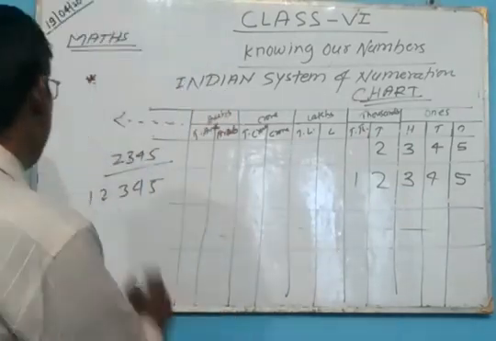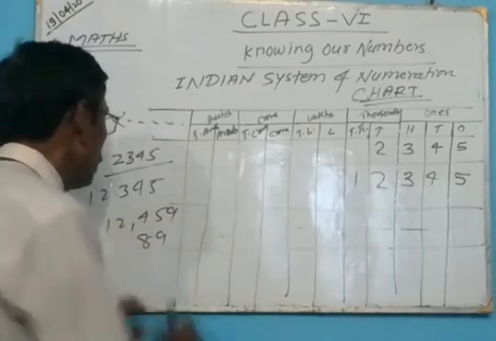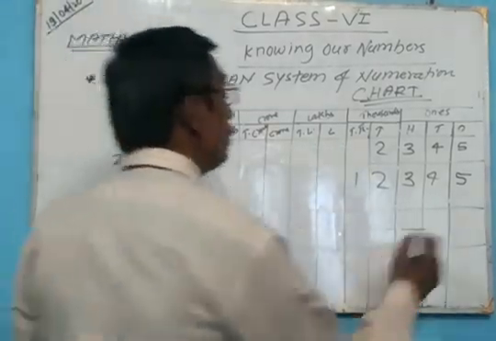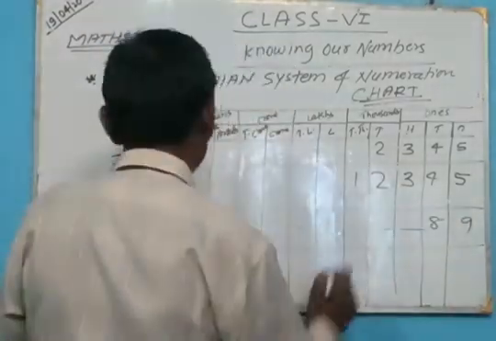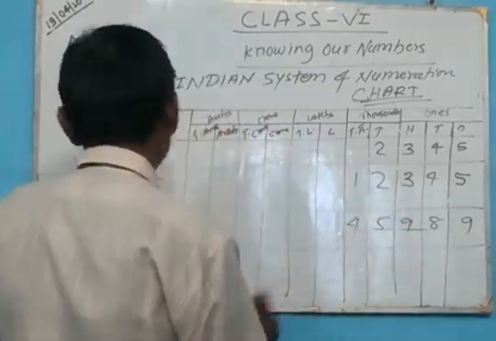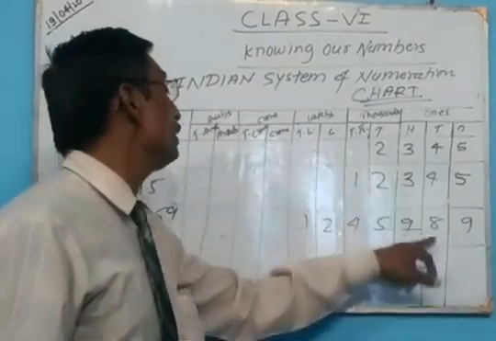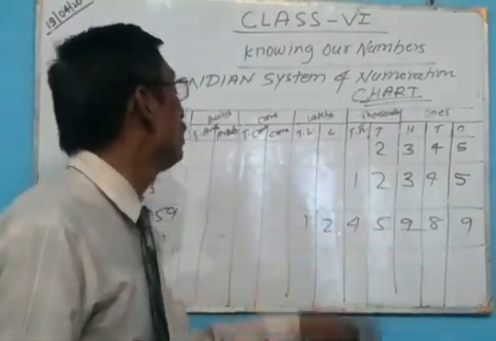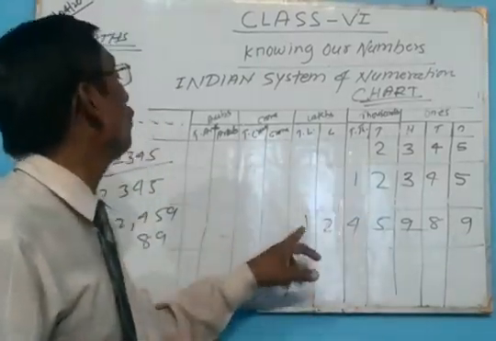Then the next example: 1, 2, 5, 4, 5, 9, 8, 9. What will be the representation of this number? Here, 9, 8, 9, 5, 4, 2, 1. 9 is at the ones place, 8 is at the tens place, 9 is at the hundreds place, 5 is at the thousands place, 4 is at the 10,000 place, 2 is at the lakh place, and 1 is at the 10 lakhs place.